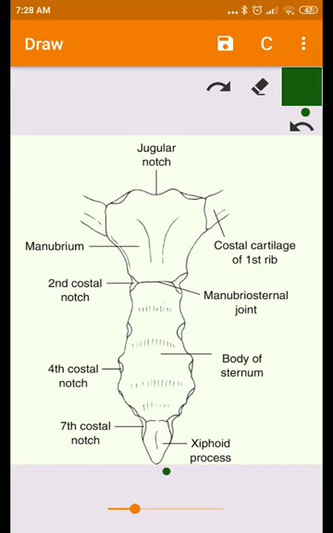These are some of the attachments and some of the interesting points of this manubrium.